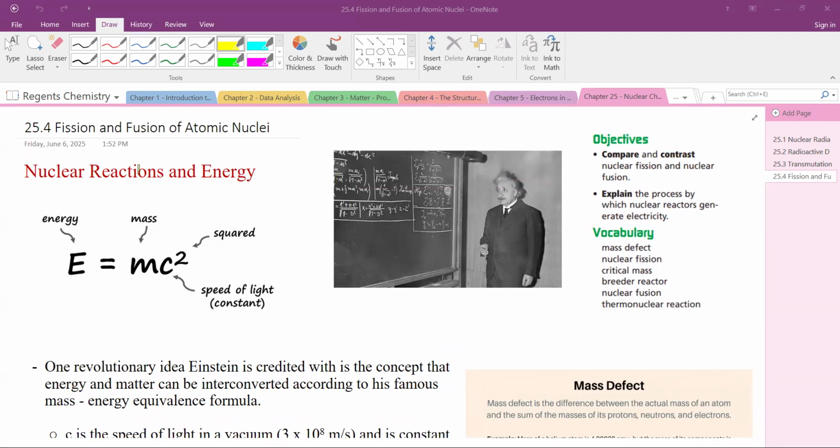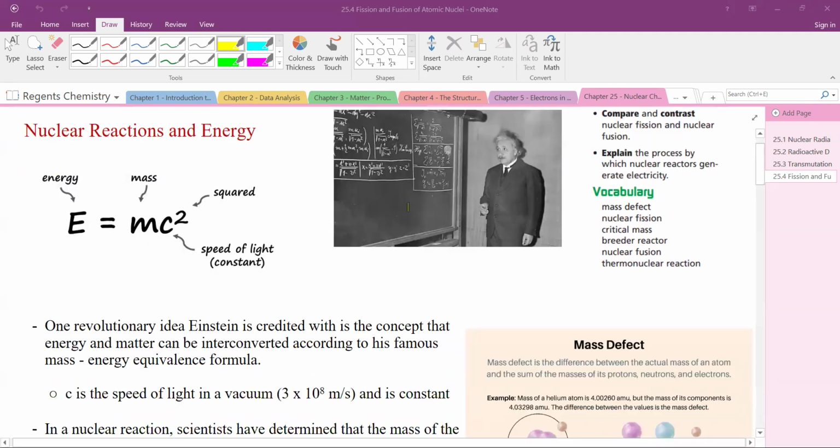So nuclear reactions are related to energy, and famous physicist Albert Einstein came up with this equation. And this might be the first time you actually work with Einstein directly in science class, which is kind of cool. But Einstein came up with E equals mc squared, where the energy is equal to the mass times the speed of light squared. So this is interesting.